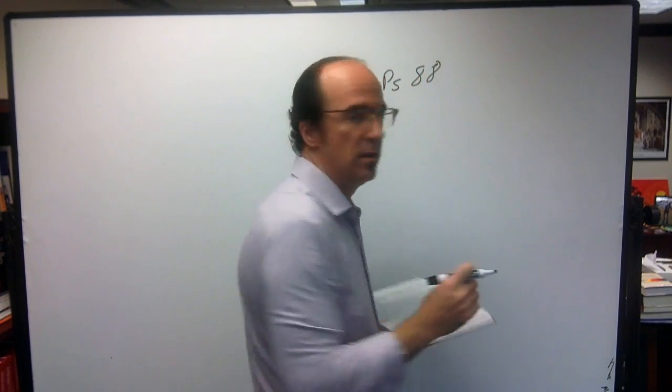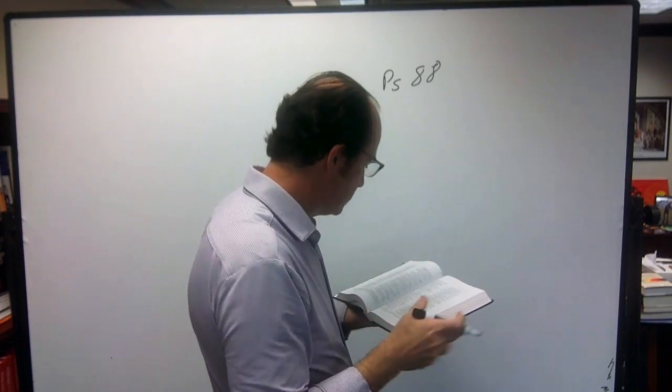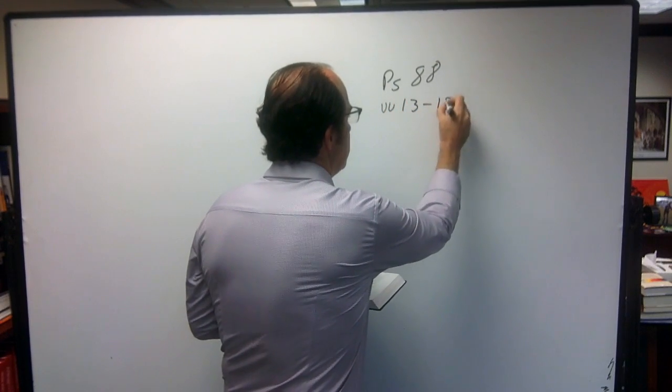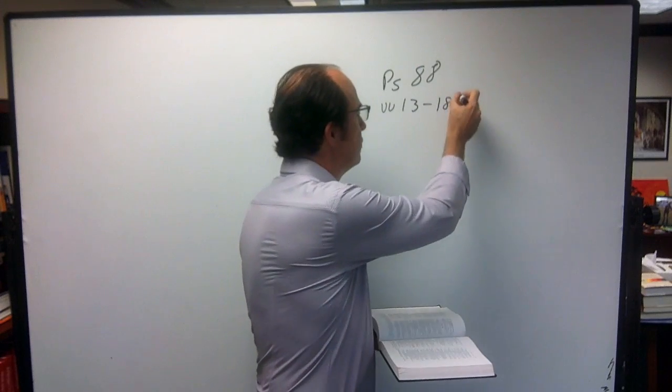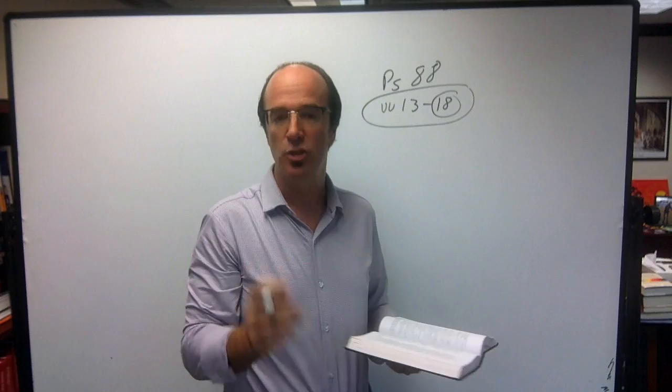we can look at the climactic section of Psalm 88, which would be the last main unit, verses 13 to 18. Now, if you're looking for the climax really specific, you could maybe say it's verse 18, but let's look at this last unit as the climax of Psalm 88.